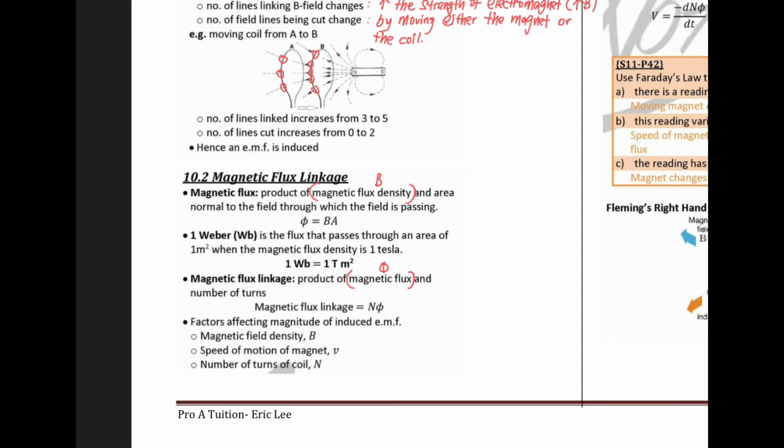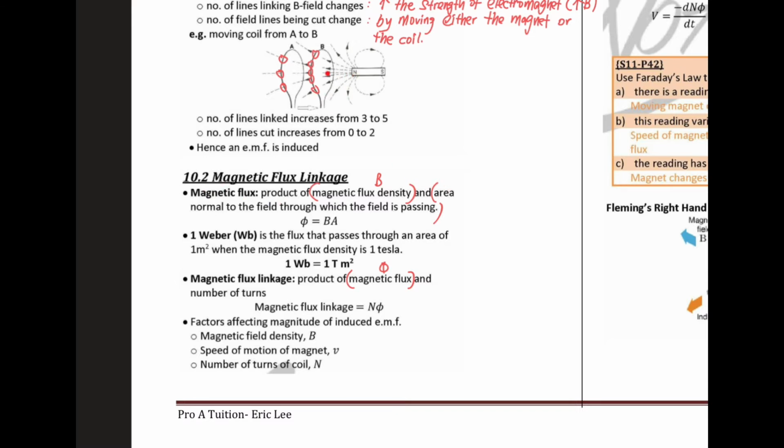Now let's understand it. Area normal to the field through which the field is passing. So what is area normal to the field? For example, let's say you see this is the coil. So area normal to the field.